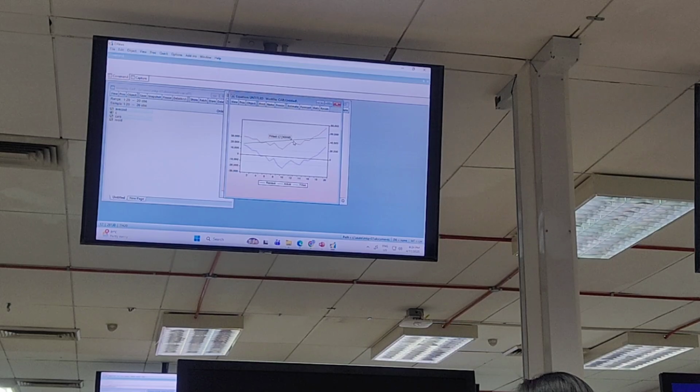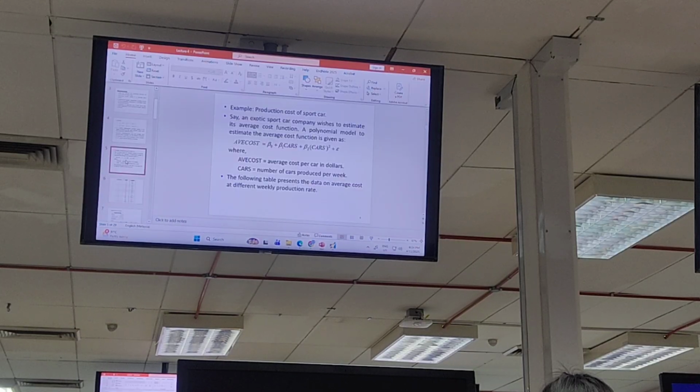So instead of using a linear model, you have to use an alternative model. For this one, a more suitable model is the one that we call quadratic. To estimate the quadratic model, you use x and x square.